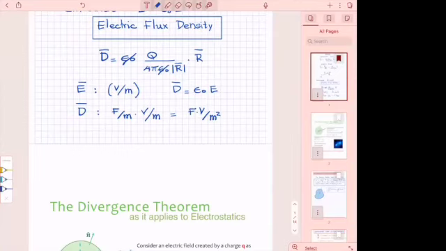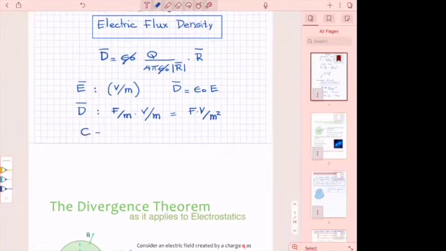Just as from previous, do you remember that capacitance is the charge divided by voltage? Remember, C is Q over V? We're going to see it again if you don't remember it.